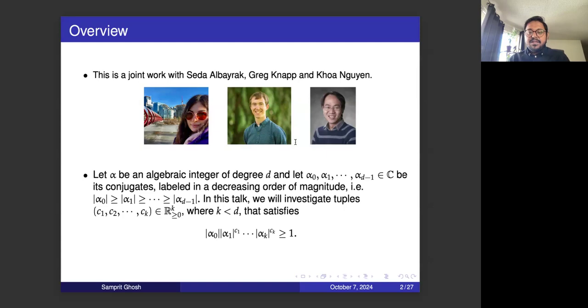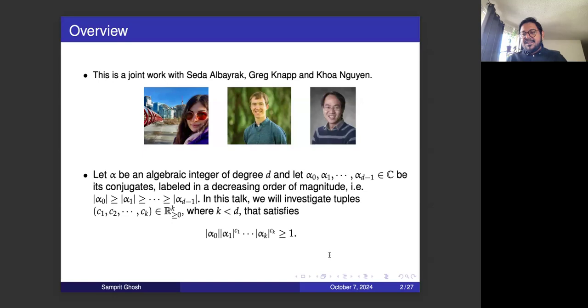We will label them in decreasing order of magnitude, so alpha 0 has the largest magnitude and alpha d minus 1 has the smallest. We will investigate all tuples c1, c2, ..., ck with non-negative values, in the first quadrant, such that this inequality is satisfied: |alpha 0| times |alpha 1|^c1 ... |alpha k|^ck is bigger than or equal to 1.